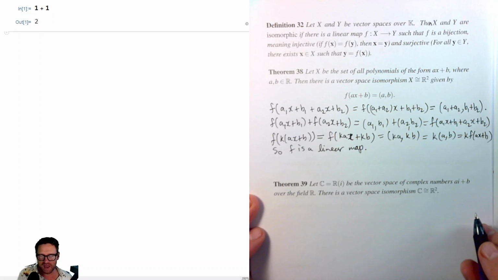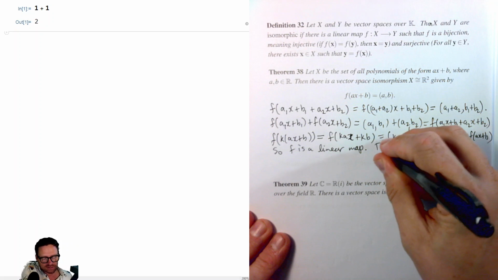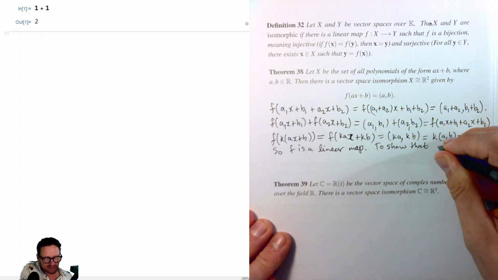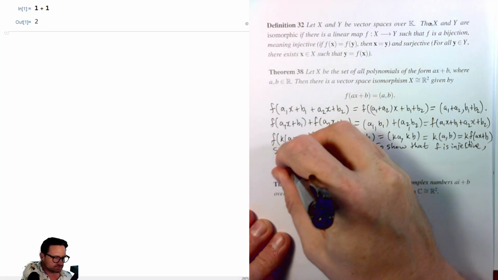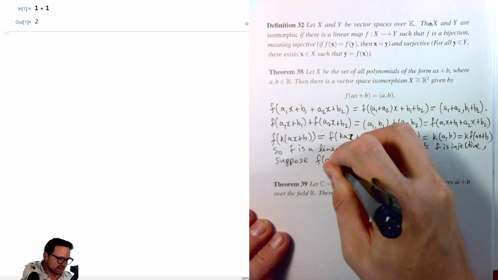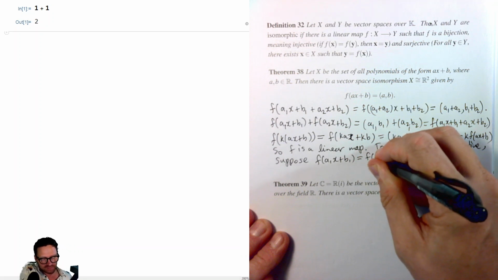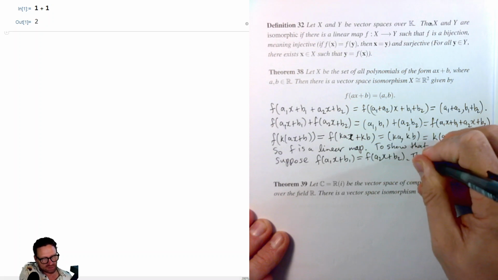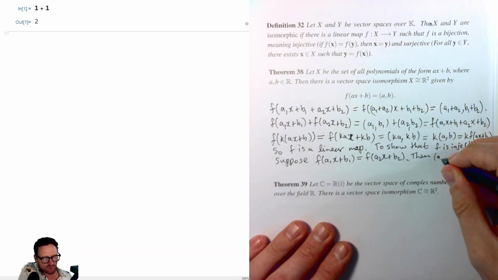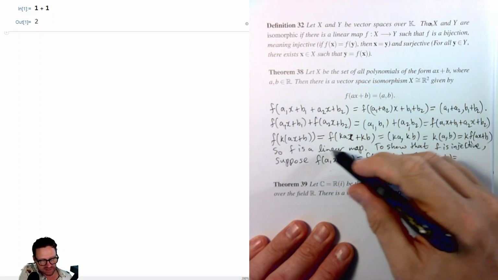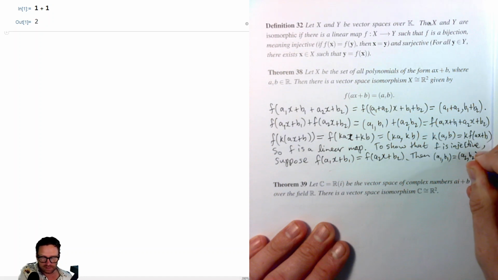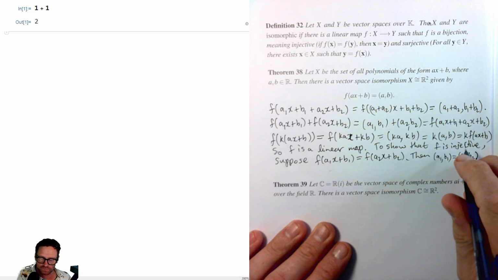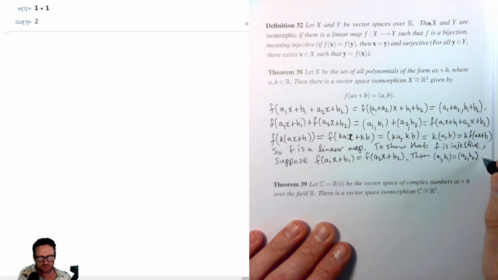Okay, so now that we know it's a linear map, let's check that f is injective. So to show that f is injective, suppose that f of a1x plus b1 is equal to f of a2x plus b2, well then that says (a1, b1) equals, because this is (a1, b1), this is (a2, b2), okay, and straight away that satisfies the definition of one-to-one or injective.